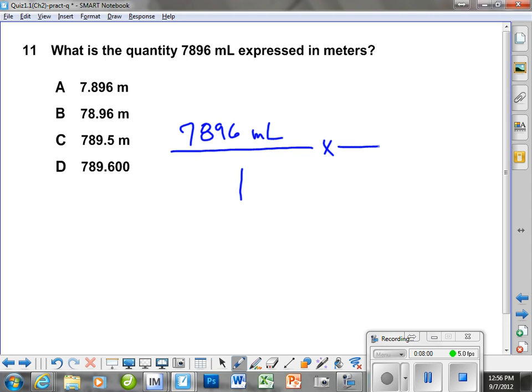And to do this conversion, we have to have something that takes us from milliliters to liters, right? Here's how you do that. I'm going to take this prefix and I'm going to put the liters here, and I am going to do this to show you that milli is 1 over 1,000.